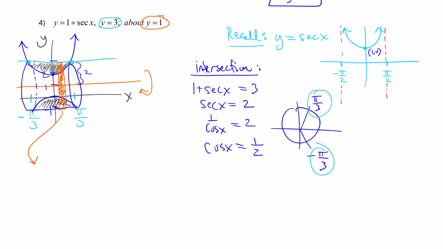It's going to be hollow in the middle because these shaded outer portions, or you could say rounded portions of the secant graph that's cut off by the line y equals 3, right? That shaded in portion, if you rotate it around vertically, is going to leave a hollow middle to it. So that hollow middle is going to mean we're going to have a washer.